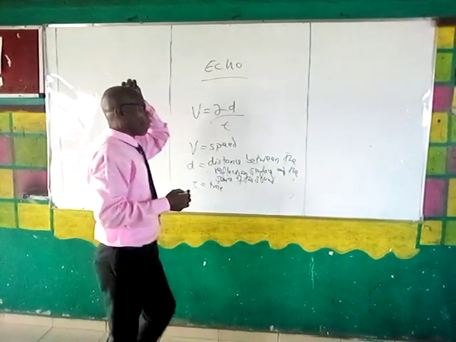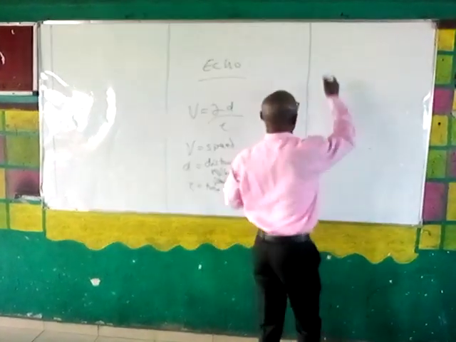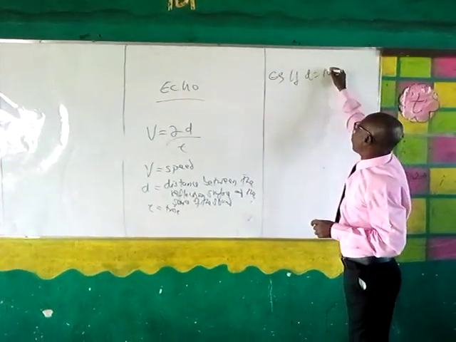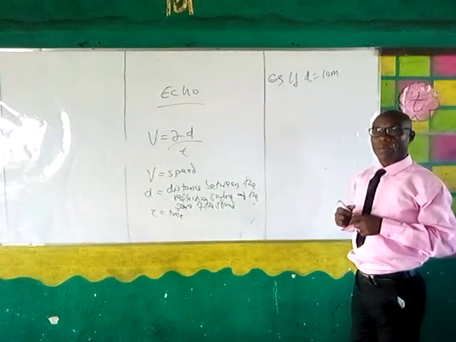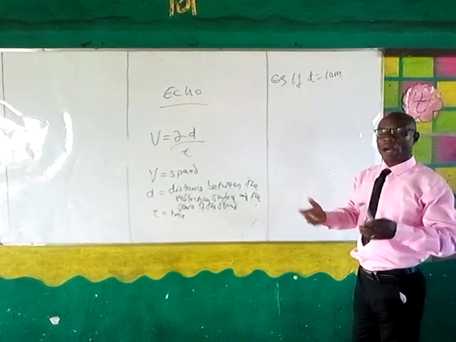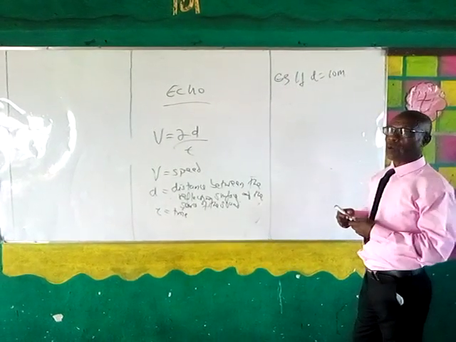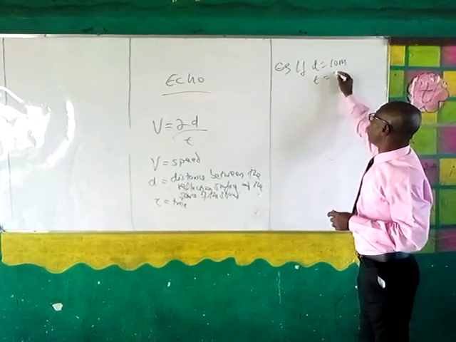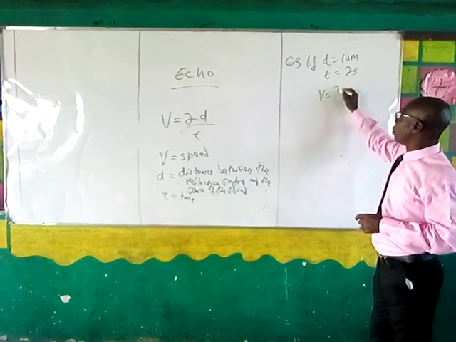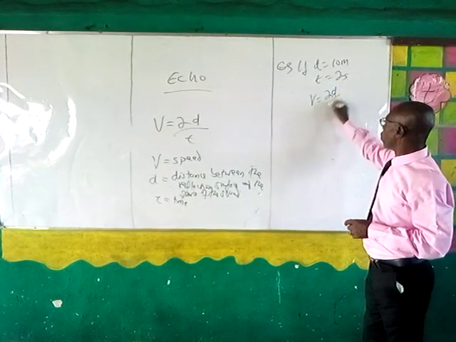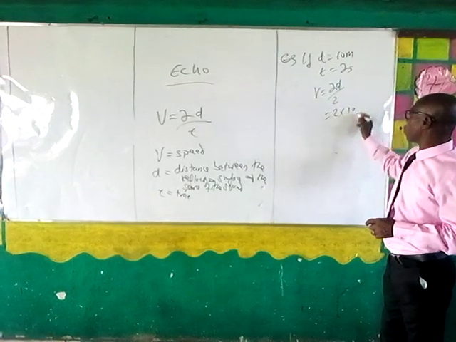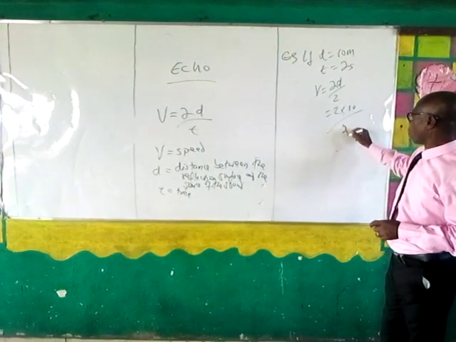So, if for example you have a distance of 10 meters in front of a building and you clap your hands and hear the echo 2 seconds later, then the speed of this echo can be calculated using this formula. 2 times d, which is 10, over the time interval, which is 2.